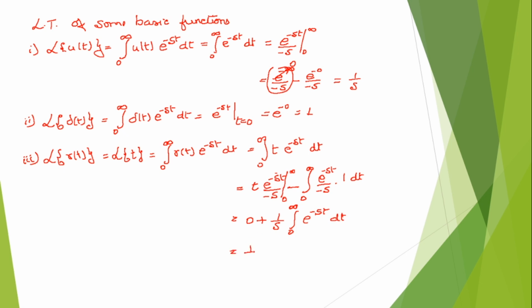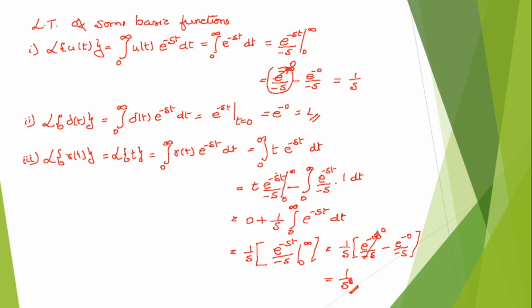So it is 1 by s, integration of e to the power minus st is e to the power minus st by minus s, 0 to infinity. That means 1 by s, e to the power minus infinity by minus s minus e to the power minus 0 by minus s. Once again this becomes 0. Minus into minus plus, and e to the power minus 0 is 1. So 1 by s into 1 by s. So it is 1 by s square.